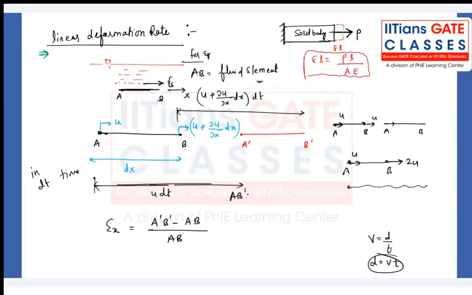Now tell me, A B dash, what can we write? Can we write A B dash from here to here? That is equal to AA dash plus A dash B dash. Check it out. Can we write like this? No problem at all.